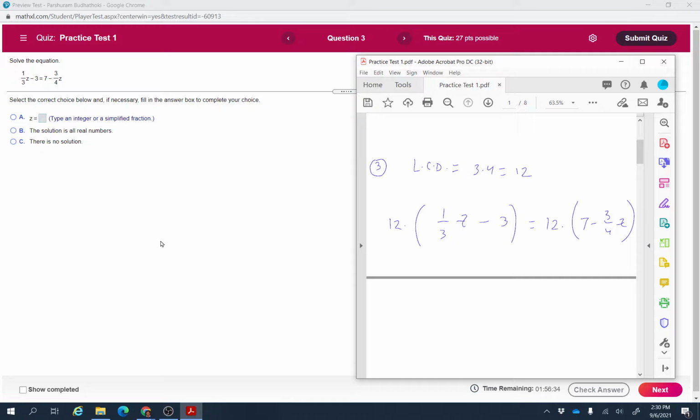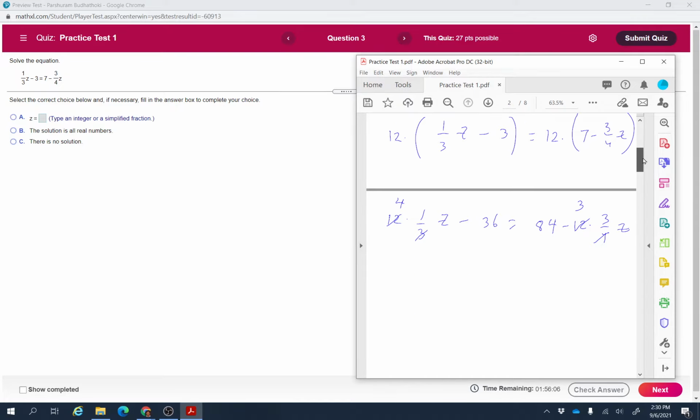That means I'm multiplying each term. 12 times 1/3 of z. 12 times 3 is 36. 12 times 7 is, I think it's 84, minus 12 times 3 over 4. The good thing about multiplying both sides by the LCD is you can cancel the denominator with this LCD.